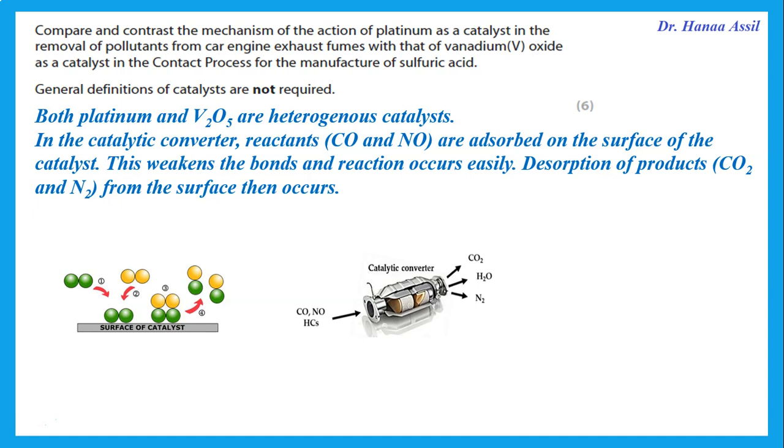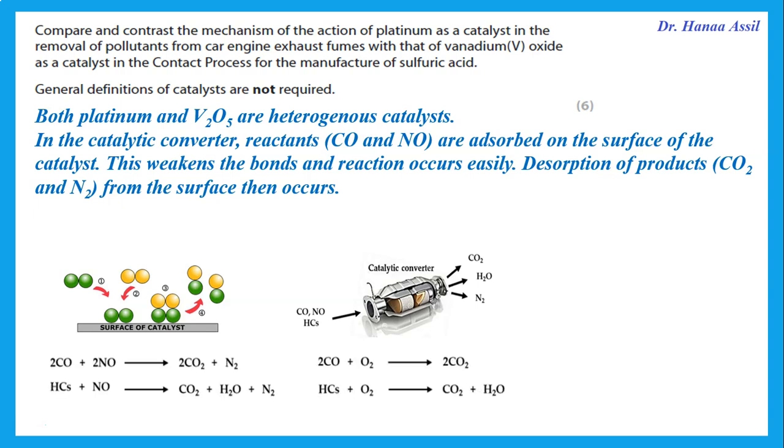Then the products are removed from the surface, so we say there is desorption of the products. So the reactants are adsorbed on the surface of the catalyst, then the products are desorbed, or escape from the surface of the catalyst.